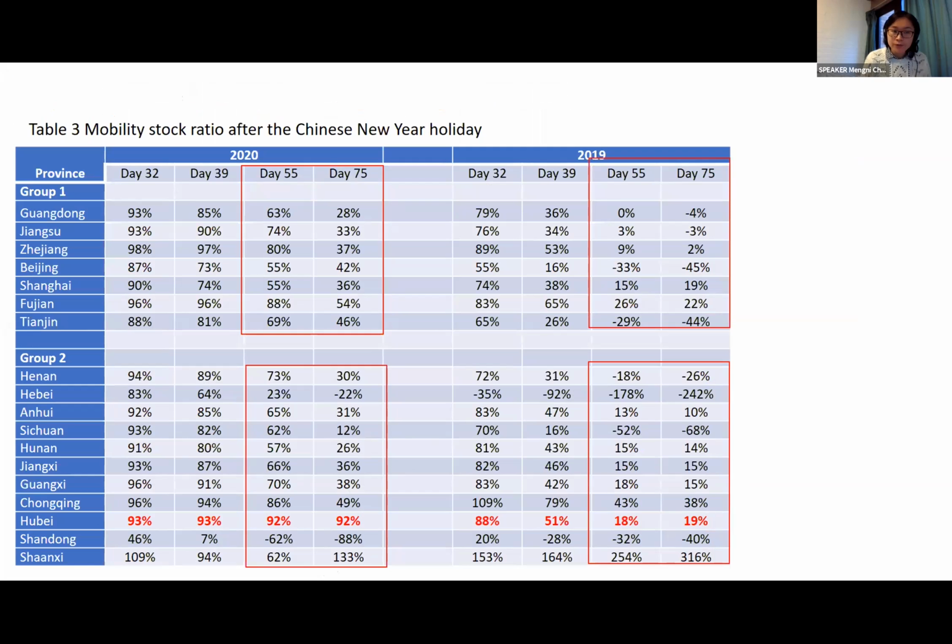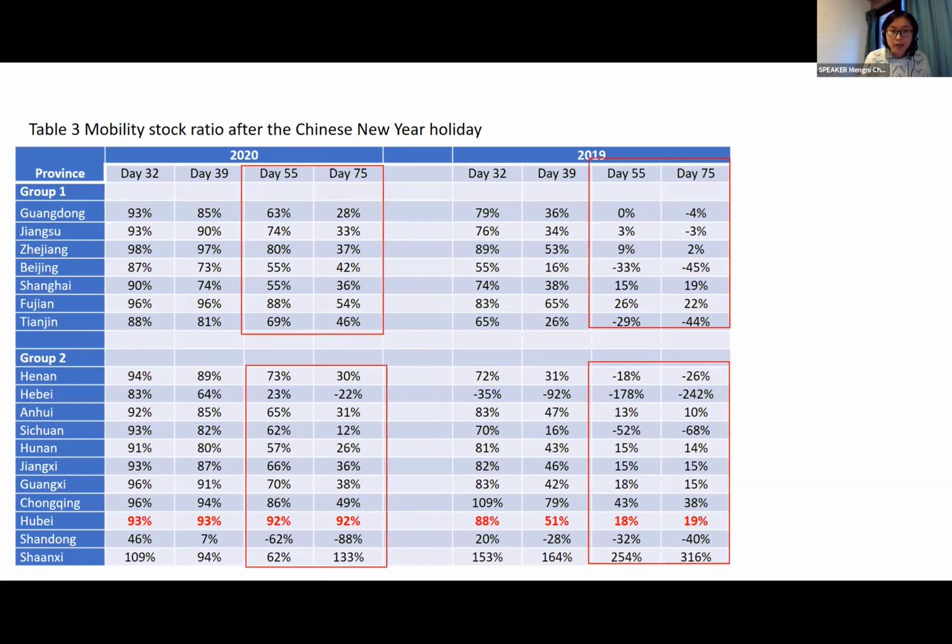Just to highlight the message here: for the first group and the second group, we check the mobility stock ratio, reflecting how the mobility stock accumulated pre-holiday dissolves after the holiday. We see a very quick clearing up in 2019; by day 55 or day 75 it's almost close to zero or going negative.